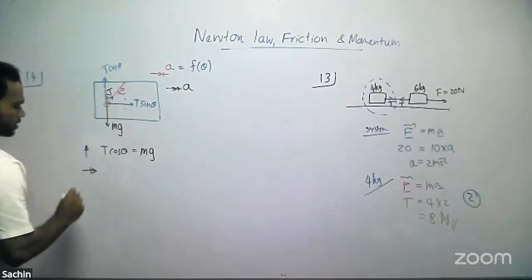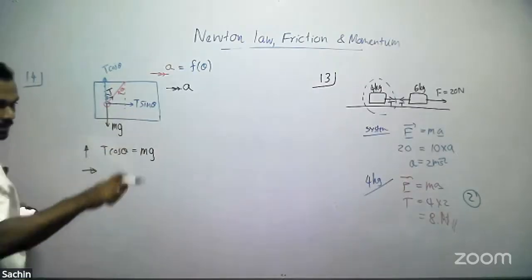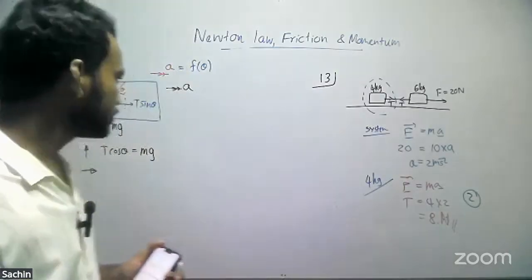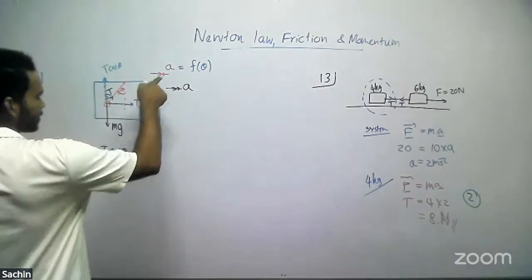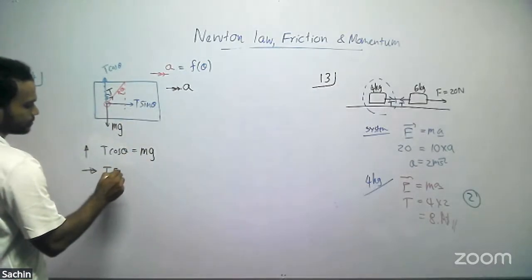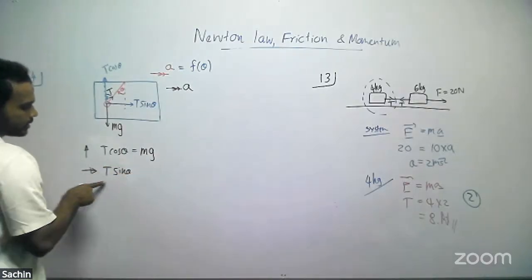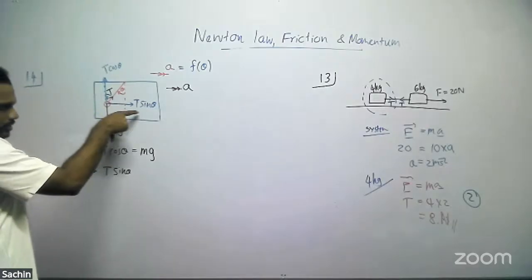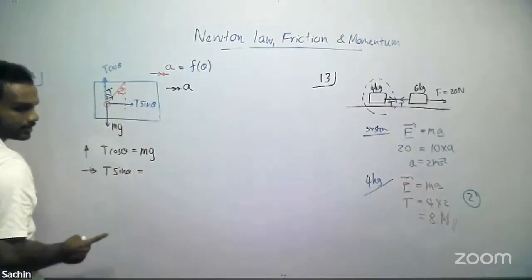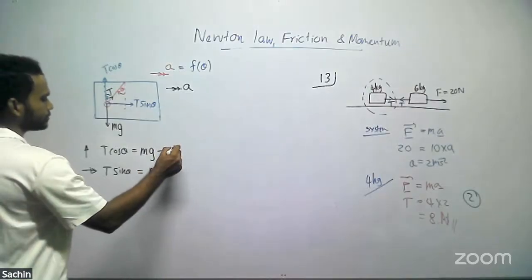And when you consider the horizontal motion, T sin theta should be the force which causes the acceleration. So when you apply F equals ma in the horizontal direction, the resulting force on this object is T sin theta. So T sin theta should be equal to mass times the acceleration.